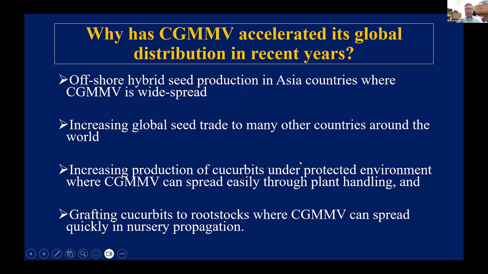There is also increasing production of cucurbits under protected environments, so not just field production, but CGMMV is often in greenhouses. Plant handling, mechanical transmission, and grafting cucurbits onto rootstocks mean CGMMV can spread quickly in nursery propagation.